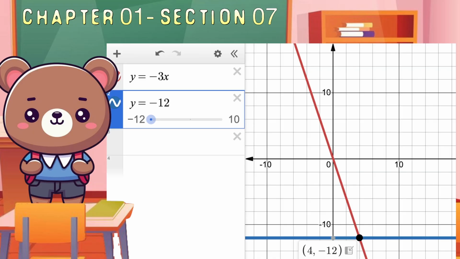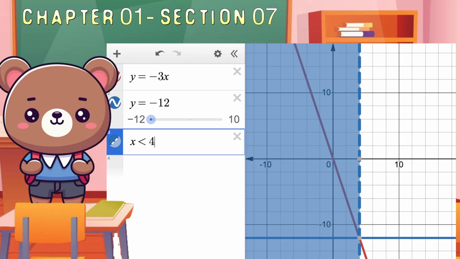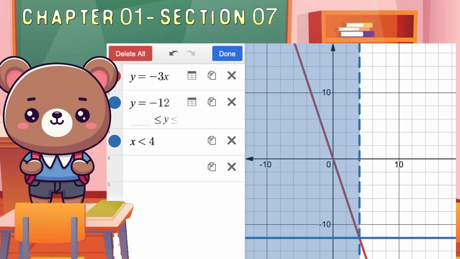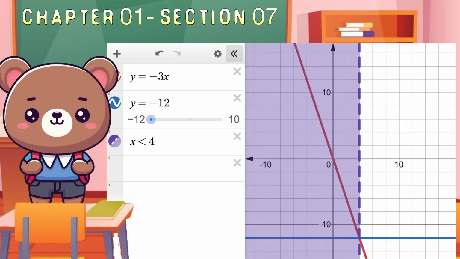Now, if we look again, even though these are different equations, they are moved, but it's still true at that same place. They're still true when x is less than 4. So if you're ever solving something and wonder if you're doing it right, your solution shouldn't change as you go.